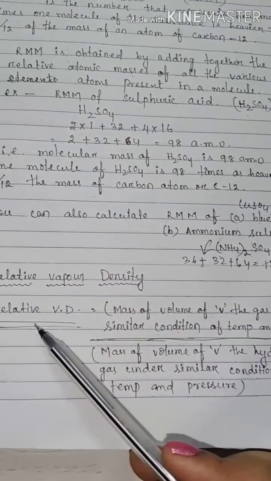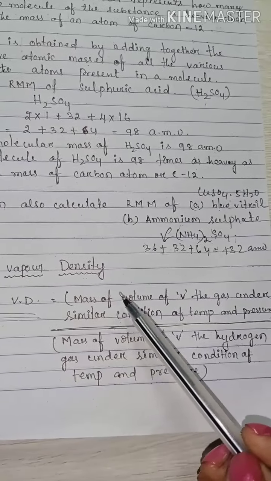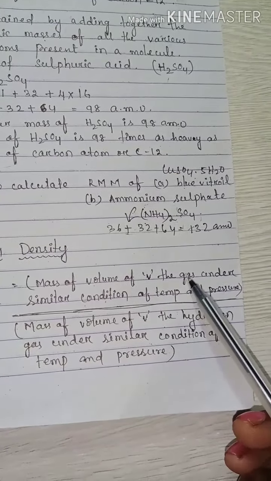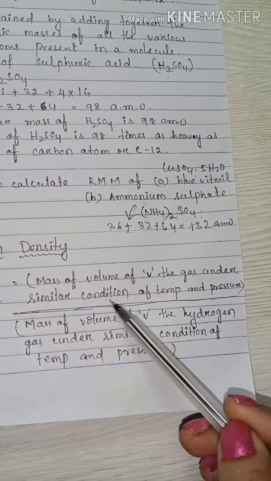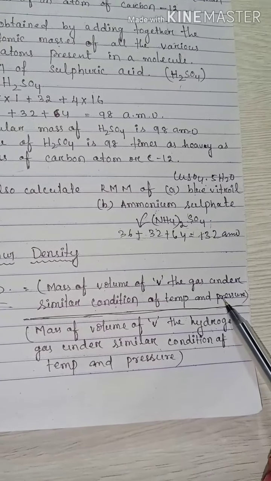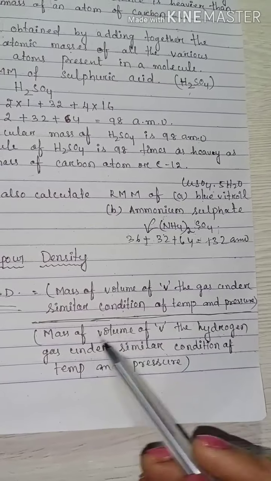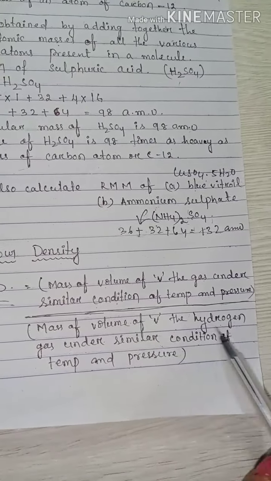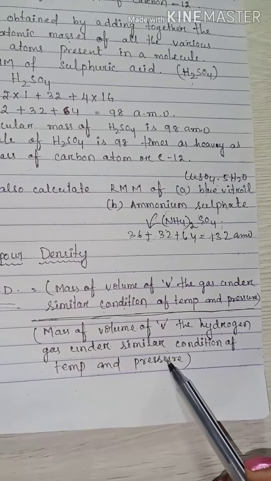That means the ratio between the mass of a volume of any gas and the mass of the same volume of hydrogen gas under the same temperature and pressure.